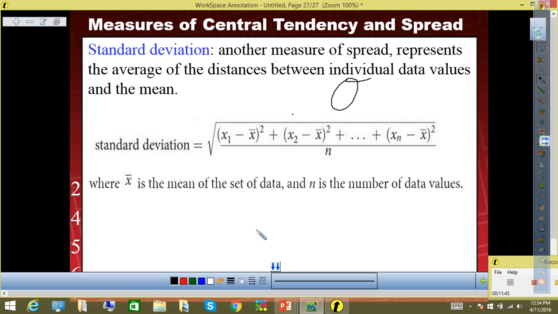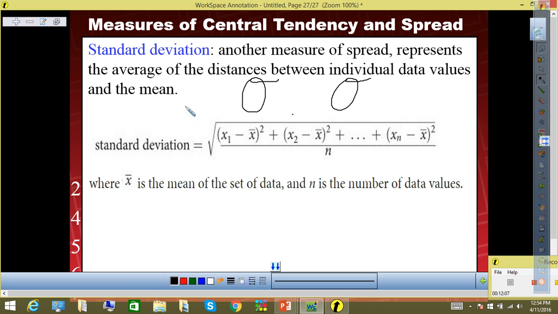That's the symbol. It's a 0 with a hat. So anyways, it's going to look like this.